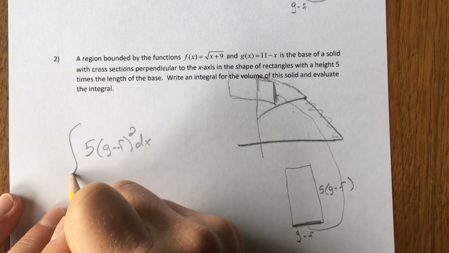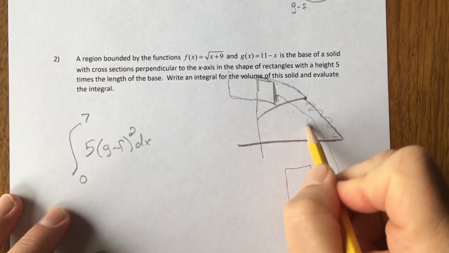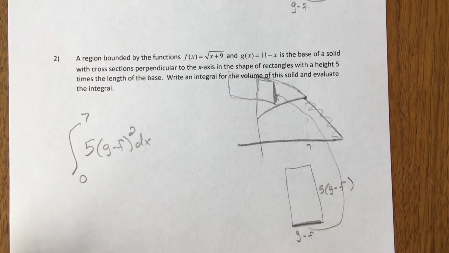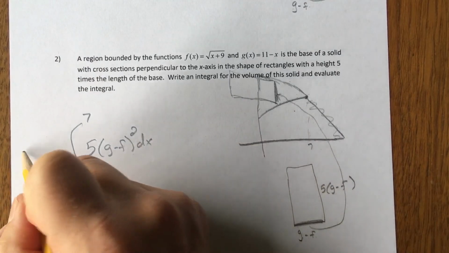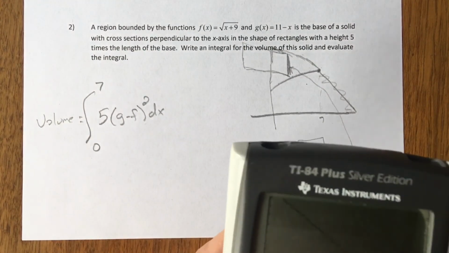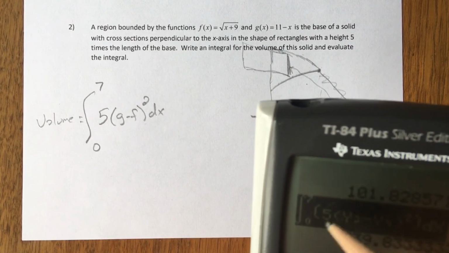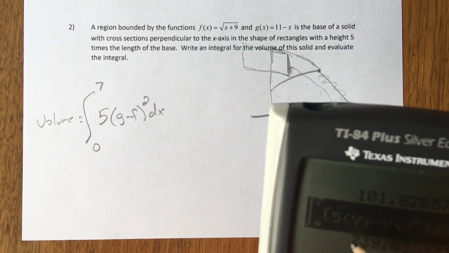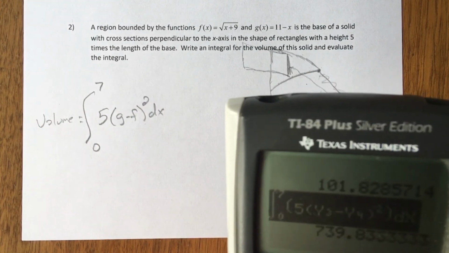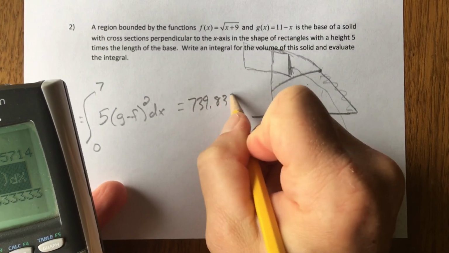We're going to integrate that from 0 to 7 because that's where these intersect, and that'll be our total volume. If I do that on the calculator, going 0 to 7, I end up with 739.833.